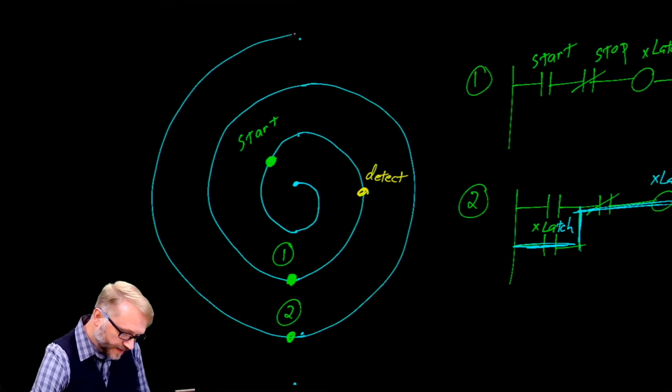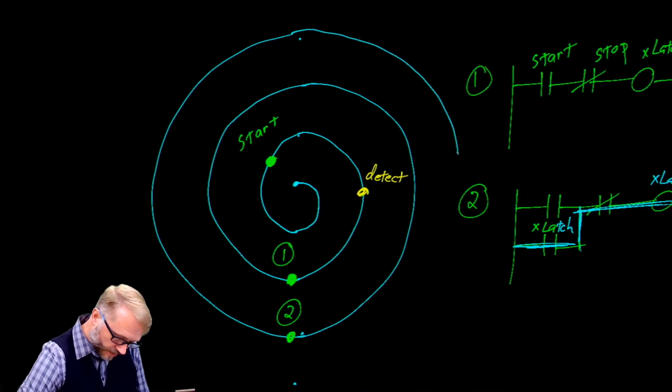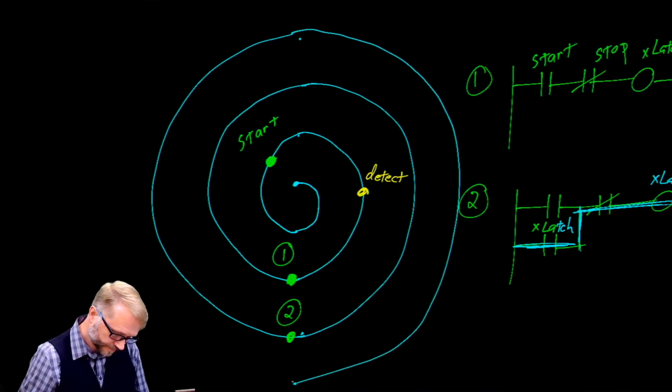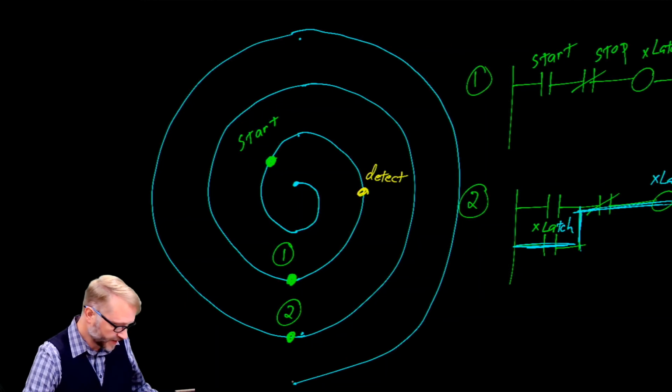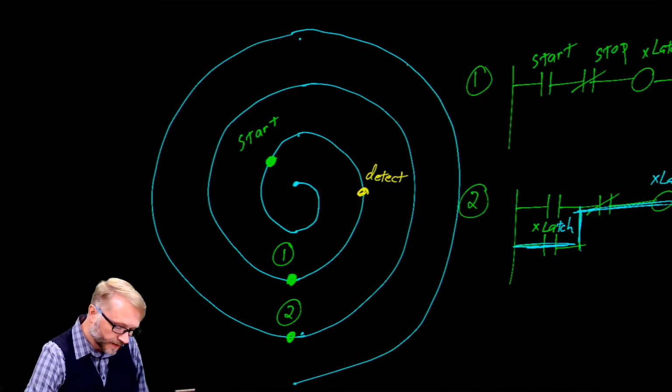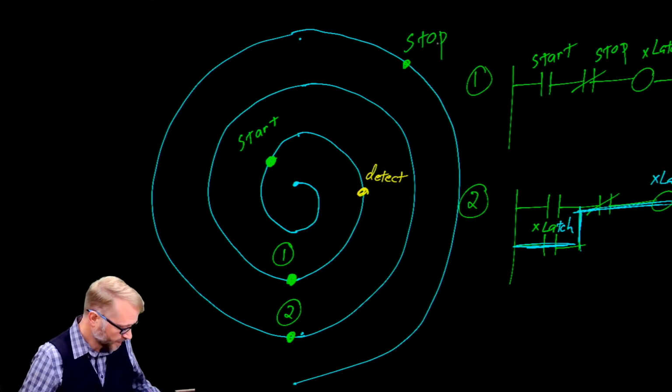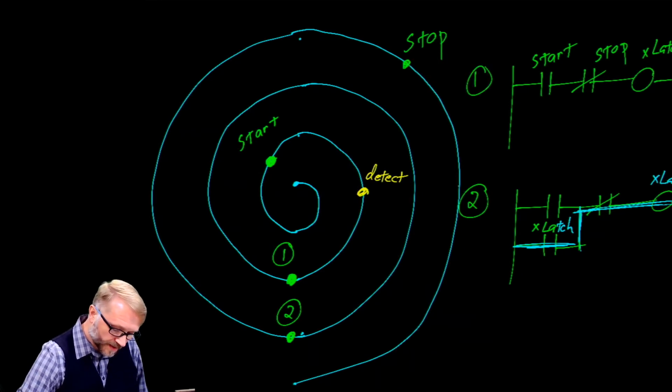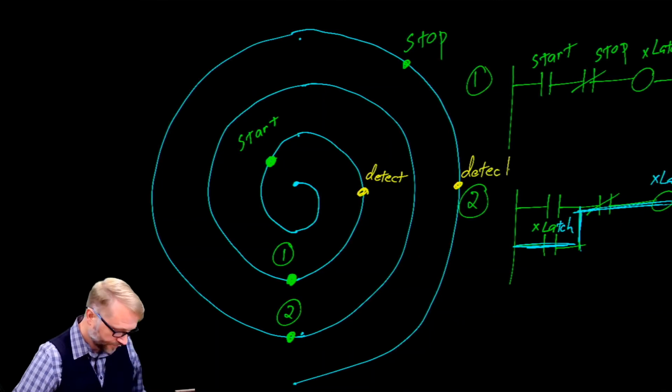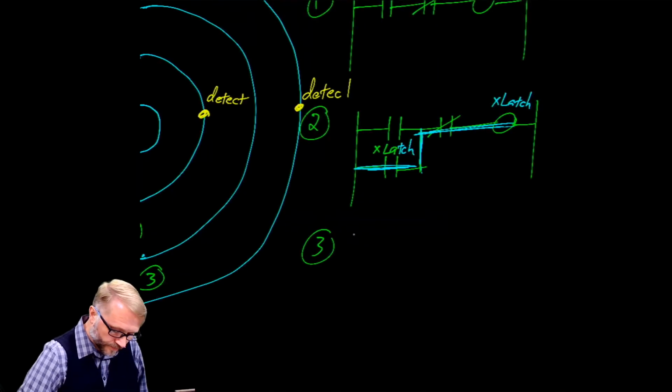If we add another loop on our spiral, and if we assume that the stop button has been pushed here, the stop button will be detected here, and it will be handled here. Our code looks like this.